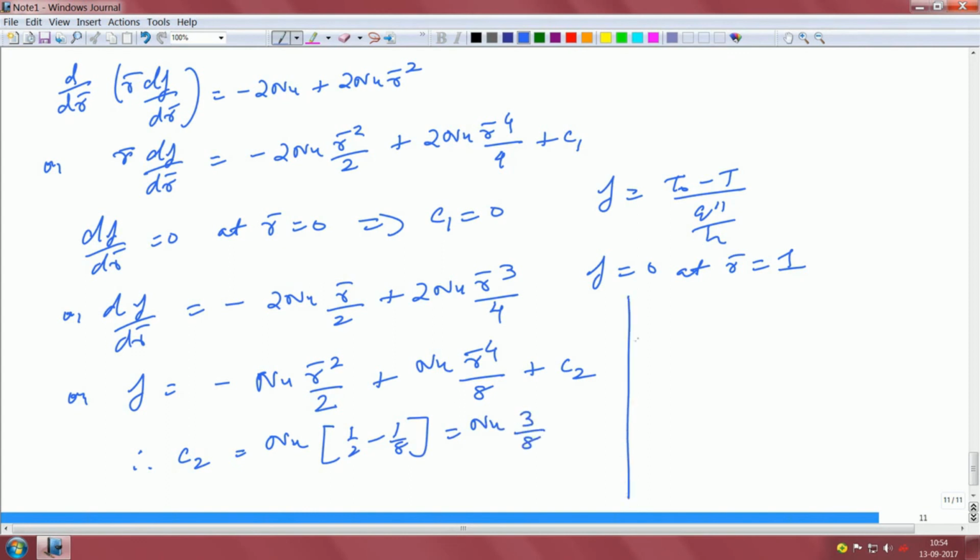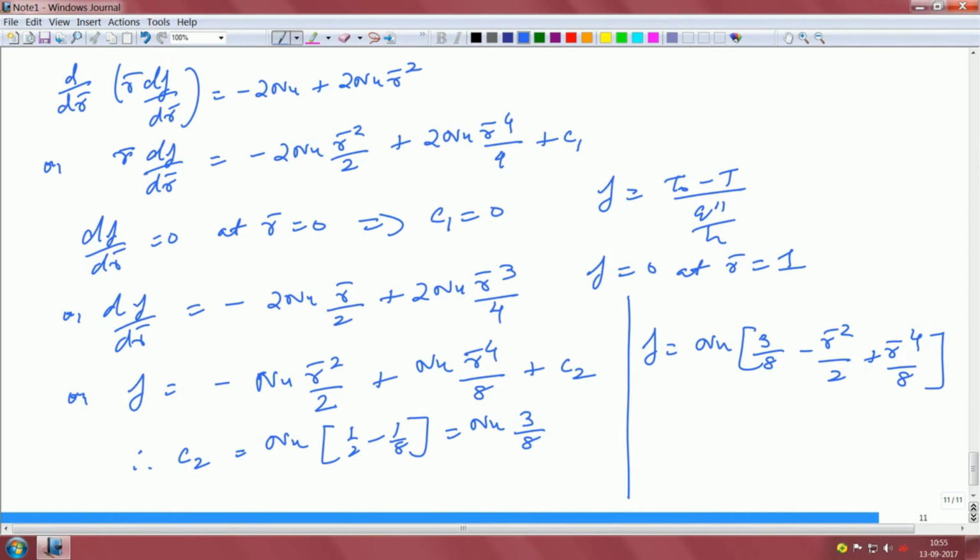So the total form of F will be Nusselt number times 3 by 8 minus r square by 2 plus r to the power of 4 by 8, right? That will be the total expression for F, because F is the thing that we have to solve, utilizing the boundary conditions that we just mentioned, that F prime and F equal 0 at r bar equal to 1.